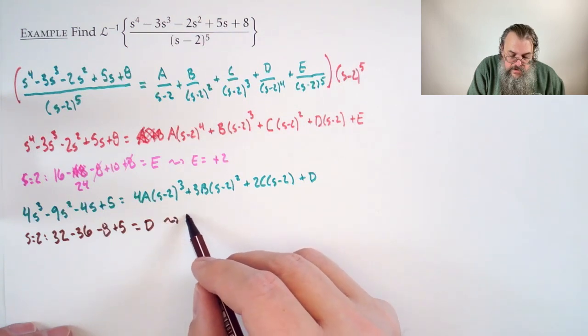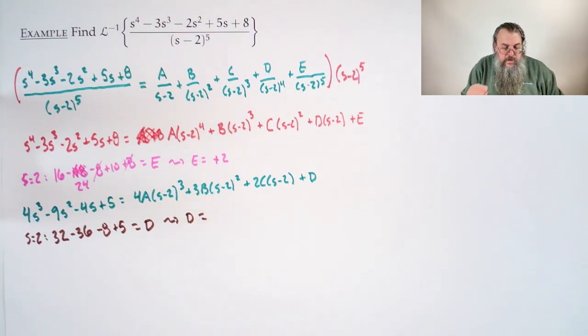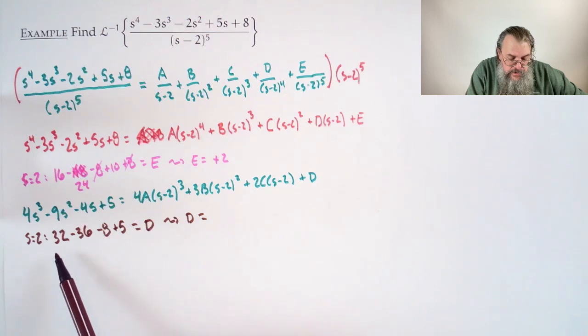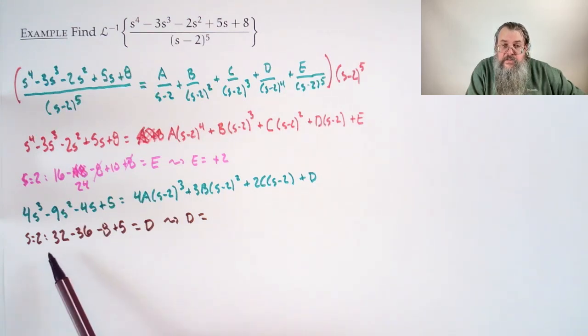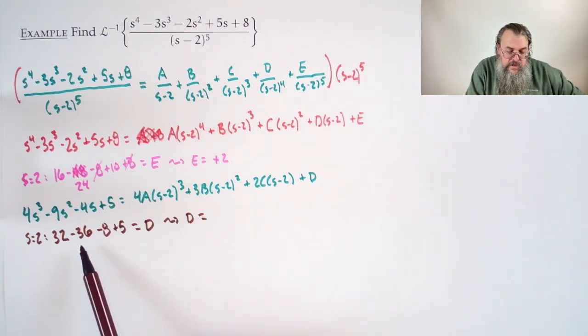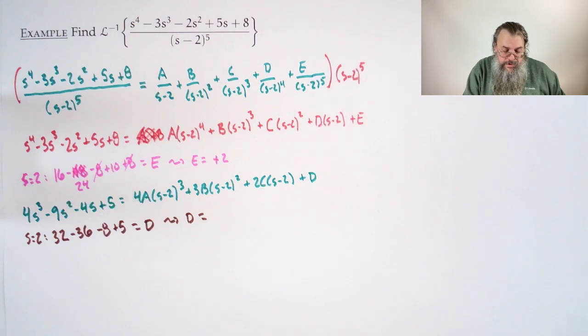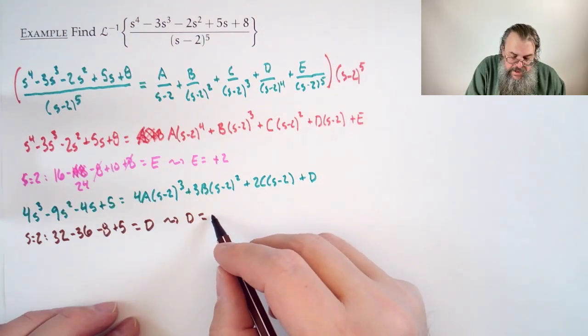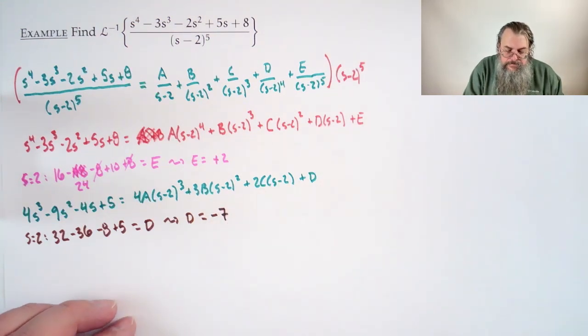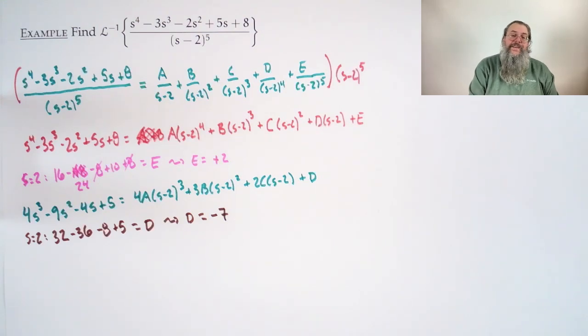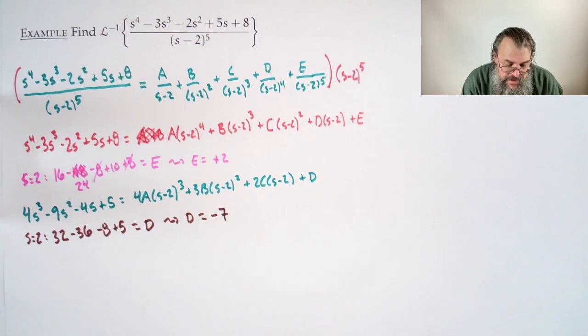So what does that tell us? Well, 32 plus 5 makes 37. And then subtract 36. That gets us down to 1. Then we subtract 8 more. So that would make us a negative 7. That's what d is. d is negative 7.